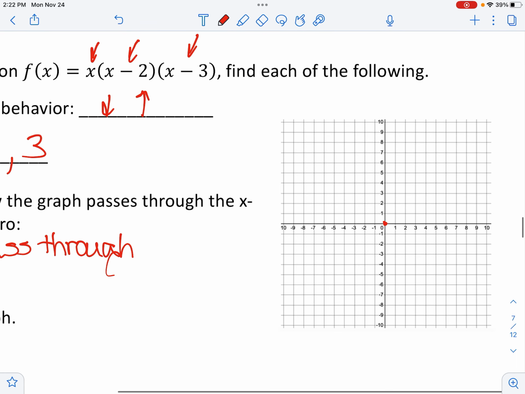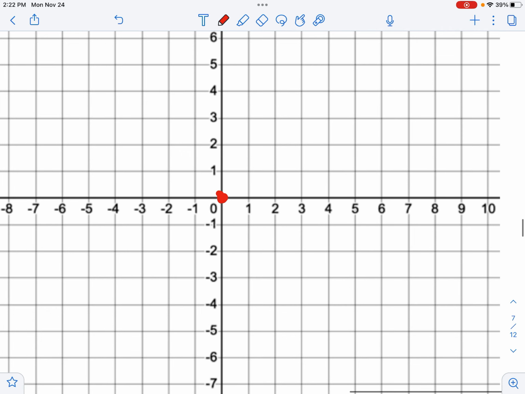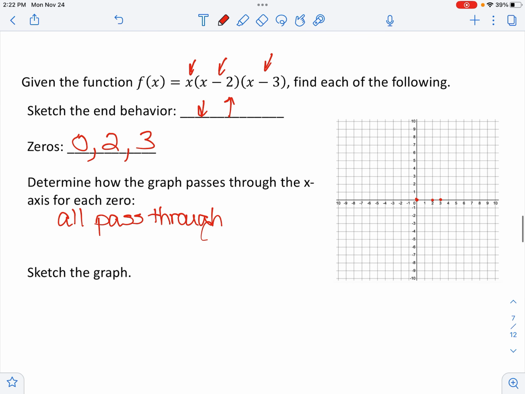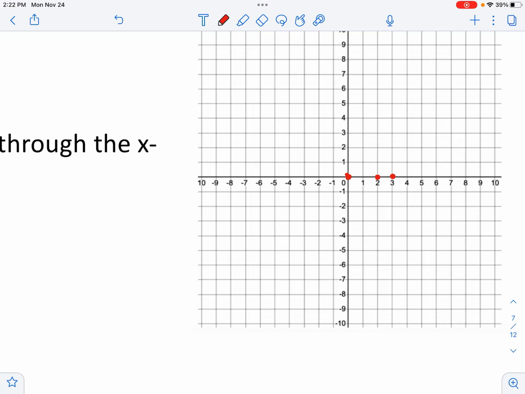I also know I should have one at 2 and 3. Okay, and then what I can do is use that information. So I want to make sure those points are definitely highlighted on there. And then it says to sketch the graph. And one of the things you can do is just graph this on your graphing calculator. So I could just type this function in and then get the general sketch, but also make sure that these 3 points are highlighted. So let's do it.